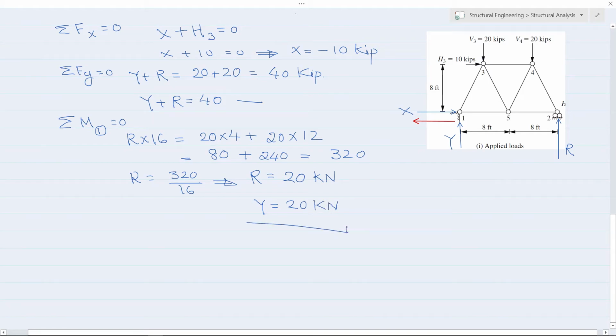So these are the support reactions which we have calculated now. This is the way we calculate the support reactions for determinate structures when there are 3 unknowns and we have only 3 equations to get these unknowns known.